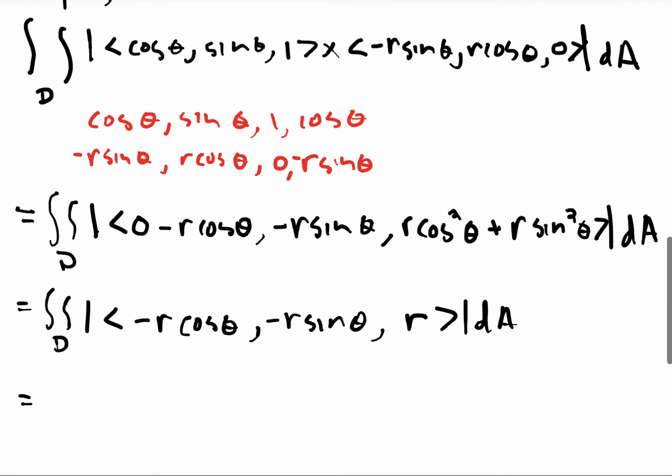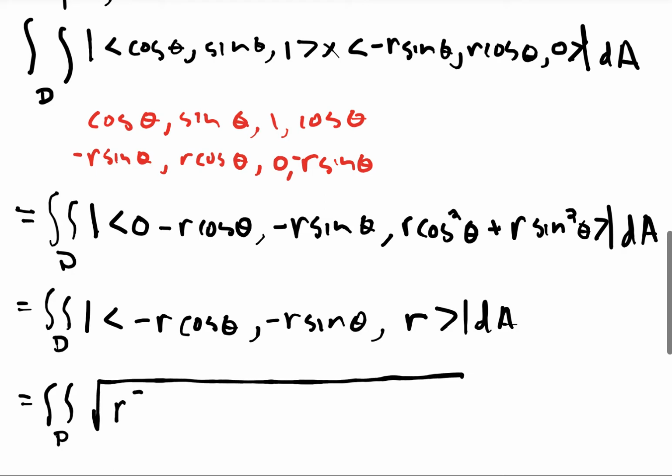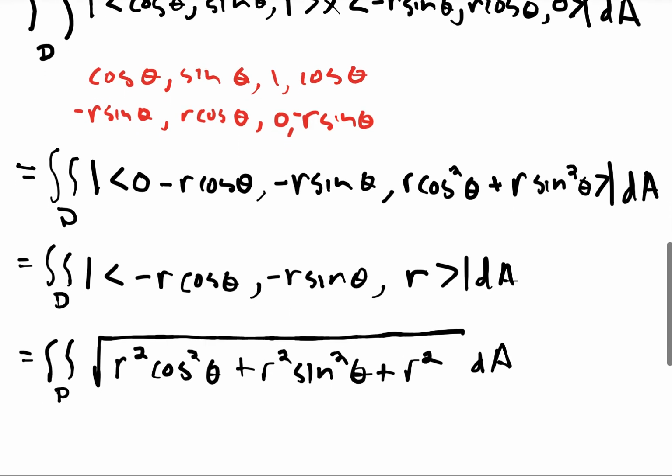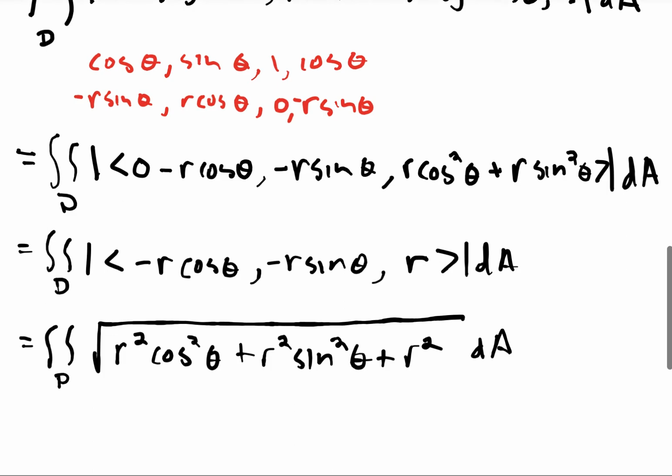We still need to take the magnitude. The magnitude is going to have me take the square root of the sum of squares of each of these components. I've got an r squared cosine squared theta term, an r squared sine squared theta term, and an r squared term. And if I'm applying the same exact comment that I made before, if you factor an r squared out of this first piece here, the cosine squared plus sine squared is just going to give you 1.